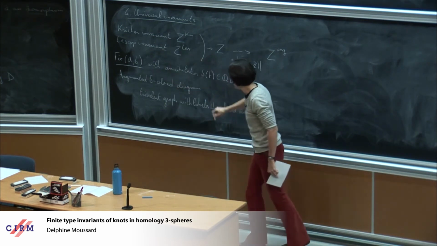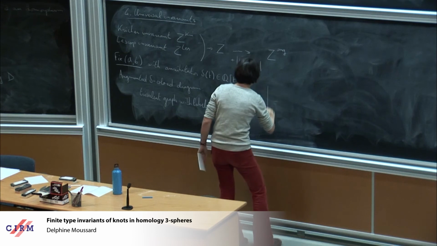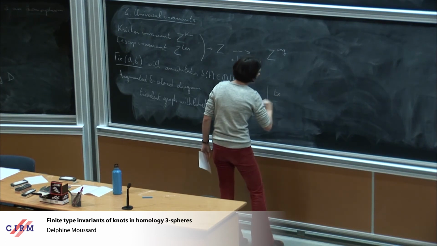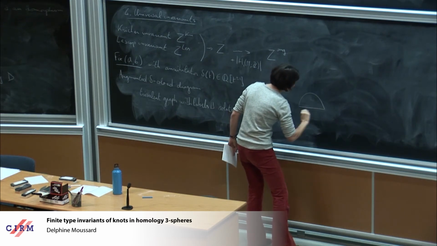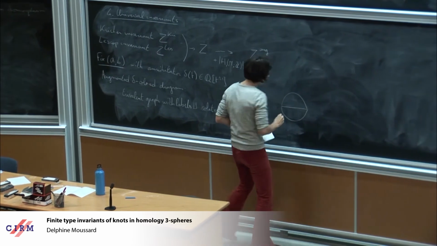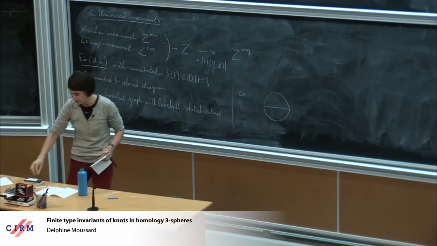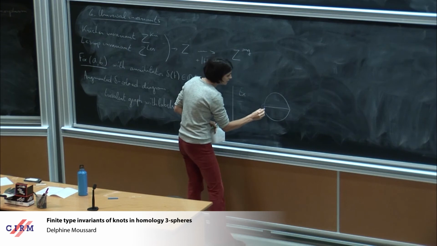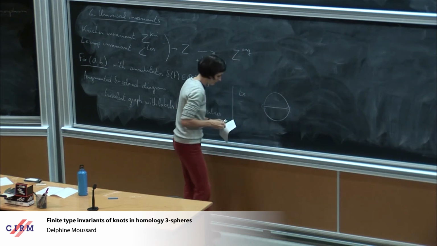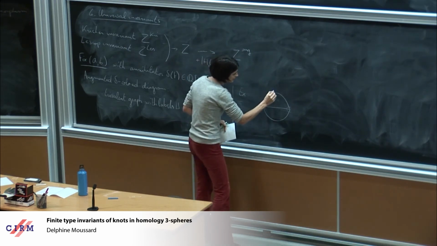So I will give the labels on an example. We can take a simple equivariant graph, the theta graph. So we still have the orientation of the equivariant vertices and the orientation of the edges.